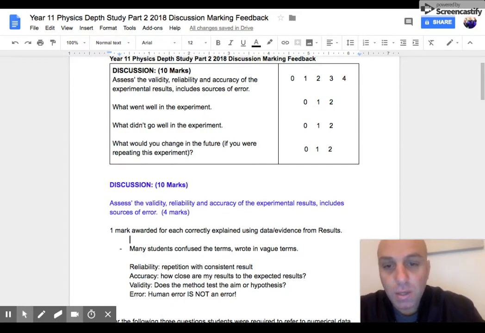In my experiment with the bumper, I found that the maximum force was 25 newtons, 26 newtons, and 27 newtons. As you can see from this data, it was consistent each time." So that's the sort of thing you want to have. So you want to communicate evidence that shows that your experiment was reliable, accurate, valid, and so on.